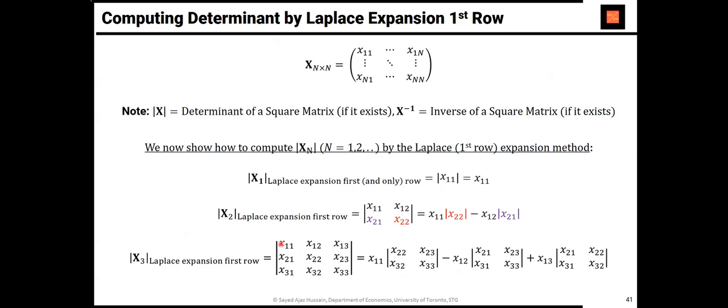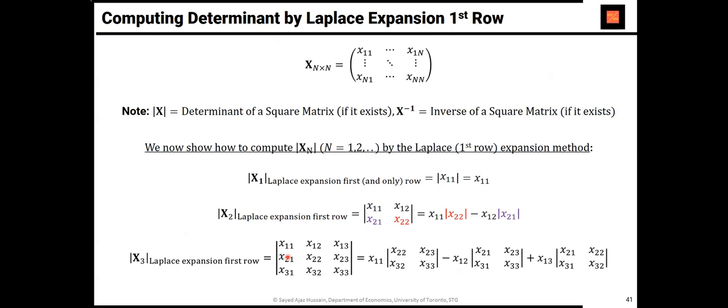Once again, plus the first element, which is x1,1, multiplied by the determinant of what's left over, which is this 2 by 2 matrix right here. So take the determinant of this 2 by 2 matrix. That's what you see. Always followed by a minus sign, minus x1,2 times the determinant of what's left over. So imagine striking out the first row, second column.